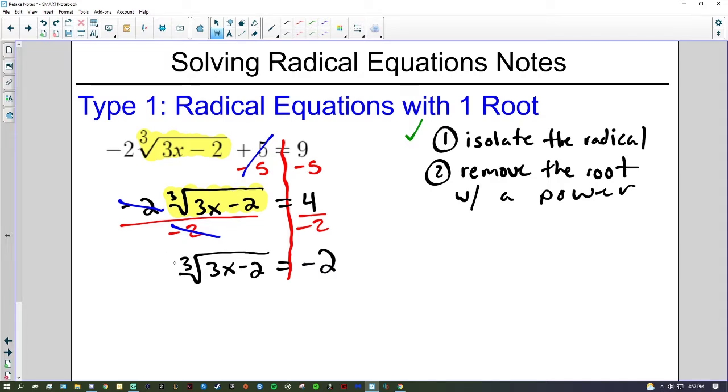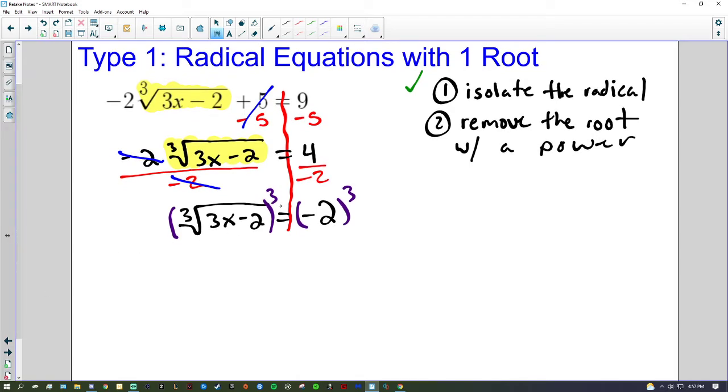Well, since it's a third root, it makes the most sense to take both sides to the third power. When I raise both sides to the third power, now my third root is all gone and I don't have to worry about it. So I have 3x minus 2, my third root is gone, equals negative 2 to the third power, which is negative 8.